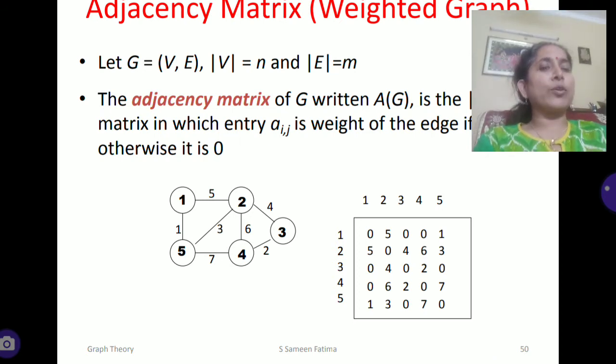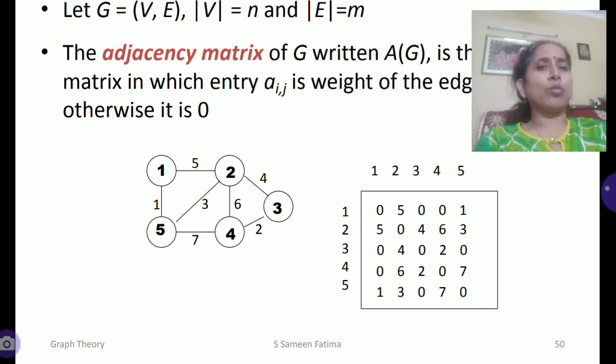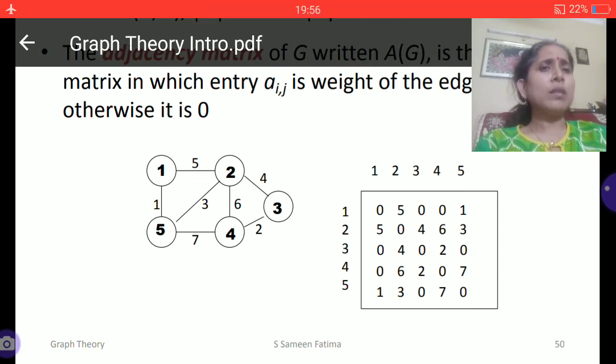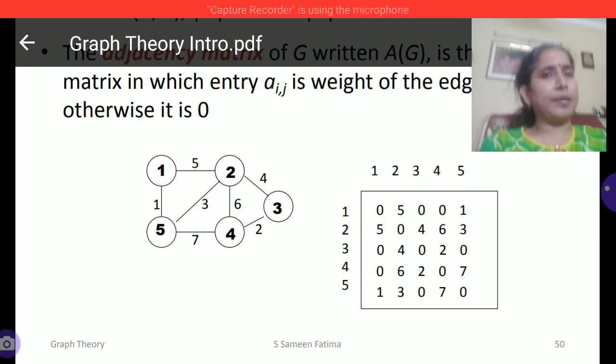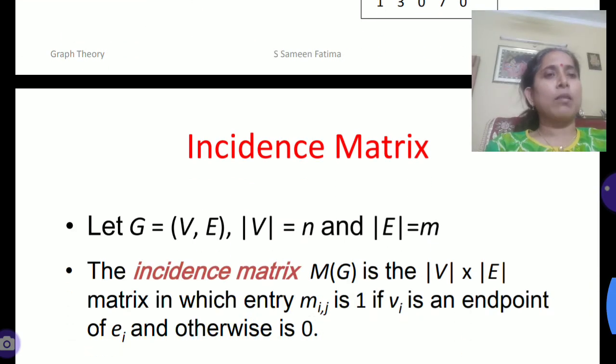In the same way, going on to the second row of the matrix, 2 to 1 is 5, 2 cross 2 is 0, 2 cross 3 is 4, 2 cross 4 is 6, and 2 cross 5 is 3. So you can see the entry as 3, and similarly the other entries. So that completes the adjacency matrix.